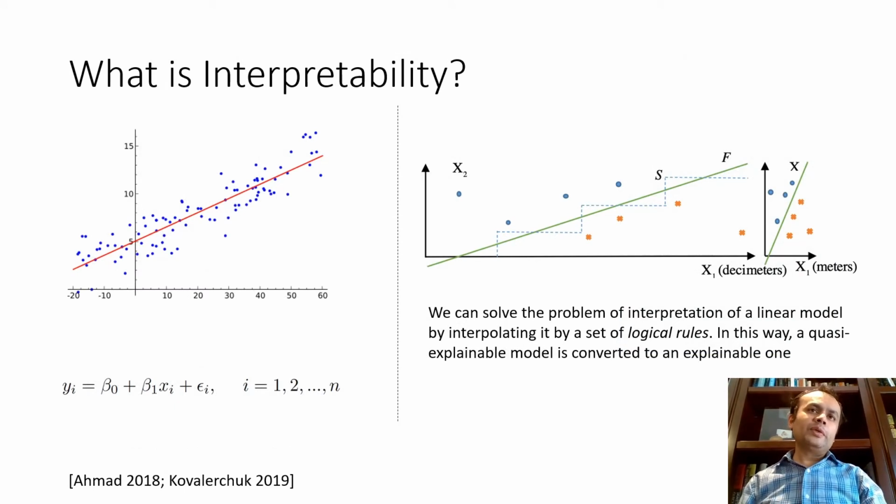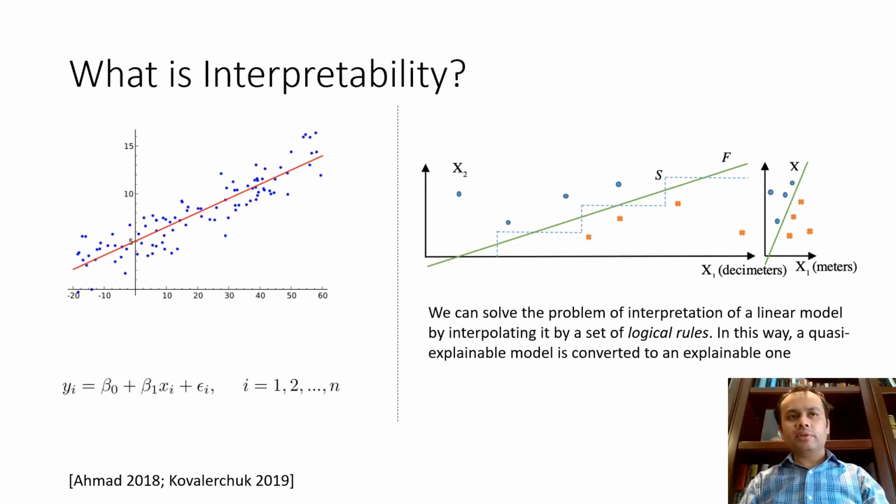And there are further nuances that one should be aware of while talking about interpretability. In general, even if we look at the literature, it's often assumed that regression models are interpretable. For example, consider a linear regression model on the left side of the slide. At first glance, it may seem that this is an interpretable model.